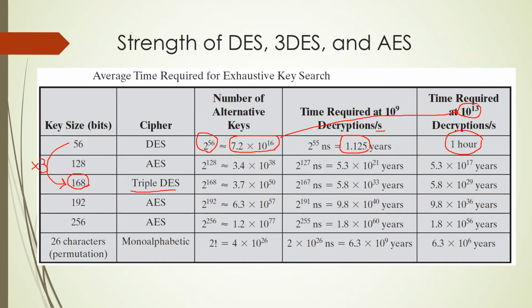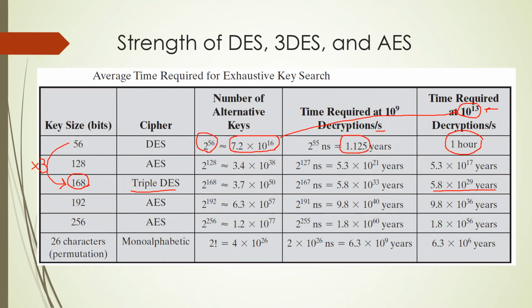That's going to solve the exhaustive key search attack, because even if you have a supercomputer with this speed, 10 to the power of 13 decryptions per second, it takes you 5.8 times 10 to the power of 29 years to decrypt a ciphertext without having the key, which is enormous.